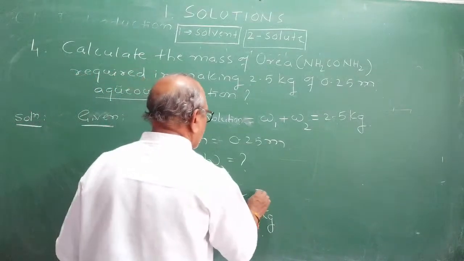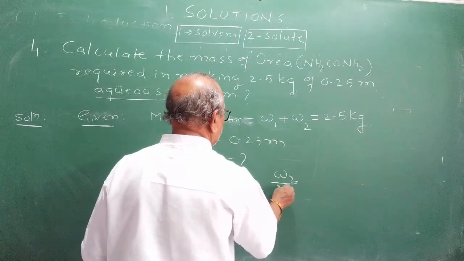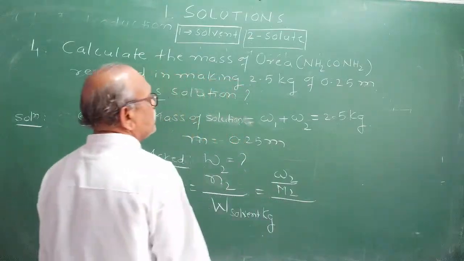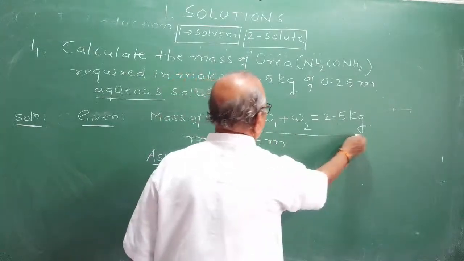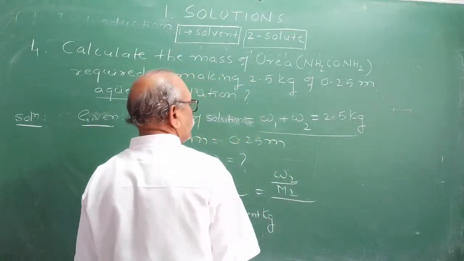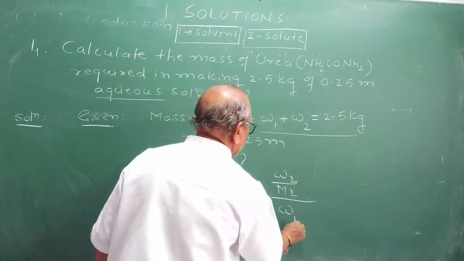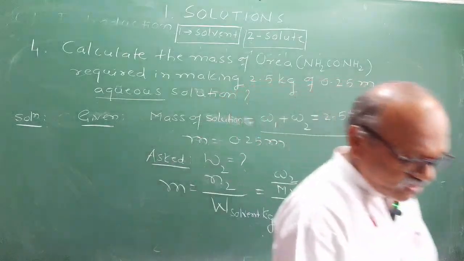And this number of moles of the solute is given by what? W2 upon M2, divided by mass of solvent in kg. They are given in kg only. Mass of the solvent in kg is W1. Try now. Take 1 or 2 minutes.